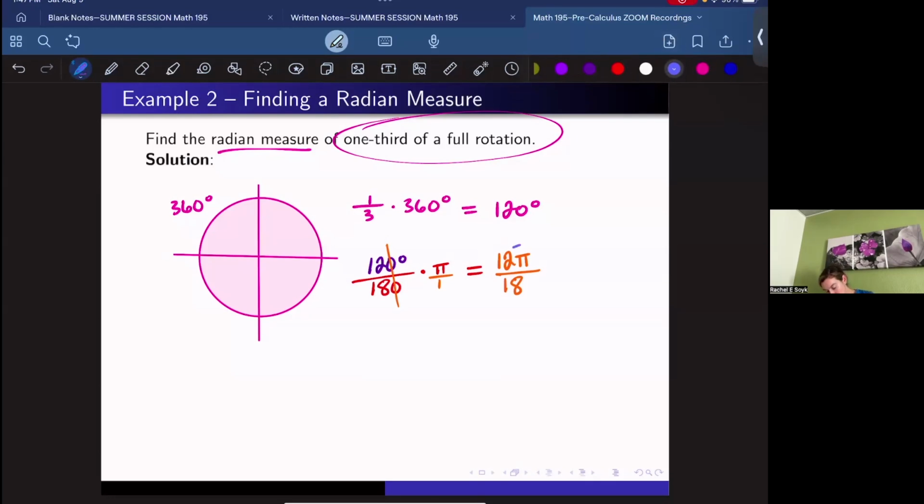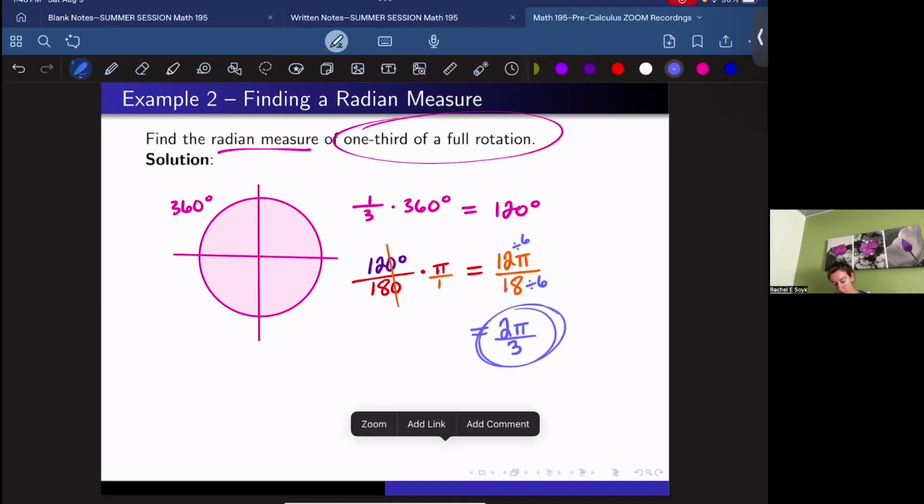You can pull out a greatest common factor. Right? Doesn't 6 go into both? 6 goes into 12 2 times. 6 goes into 18 3 times. So we get 2 pi over 3 radians, and this is your answer.